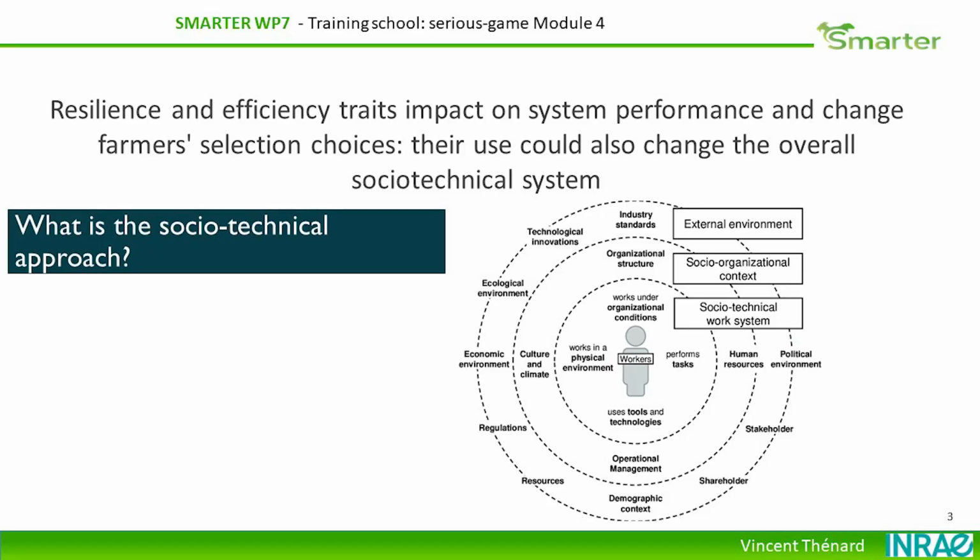Do you know Blanc Bleu Belge? It's a very special breed with a very large muscular development, and for that it's a specific socio-technical system. That means to have a calf, it's necessary to have a cesarean for the cow. The genetics is special.